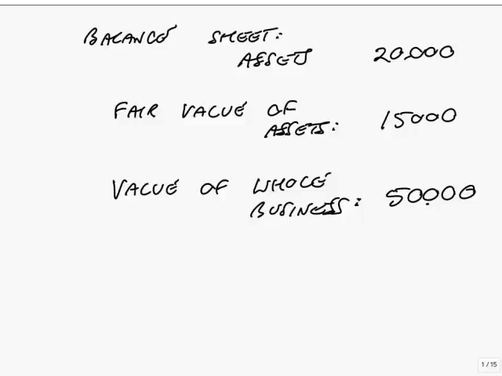My balance sheet shows 20,000 assets. A valuer has been in and says those assets are really worth 15. With me? However, you're going to buy my business and you've decided you're prepared to pay 50,000. You're obviously paying more than it seems to be worth. The extra's goodwill.